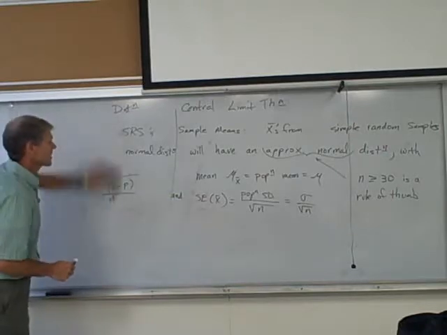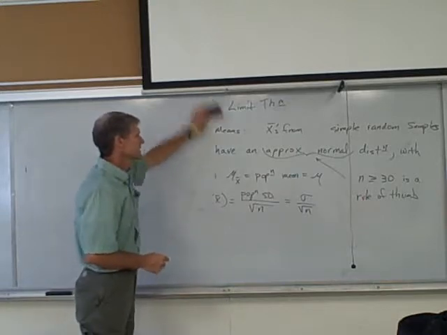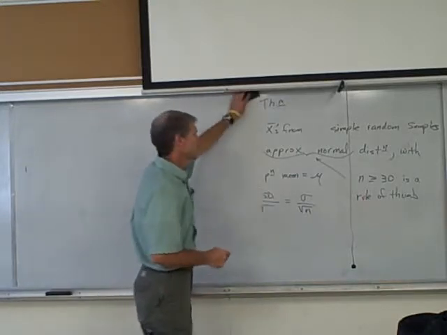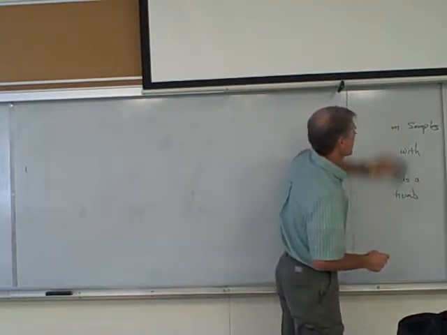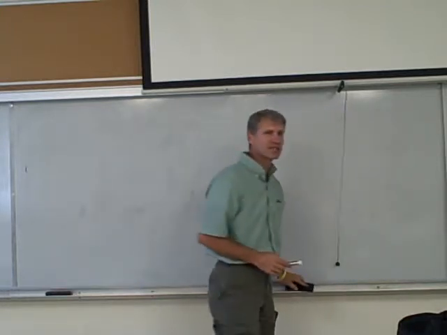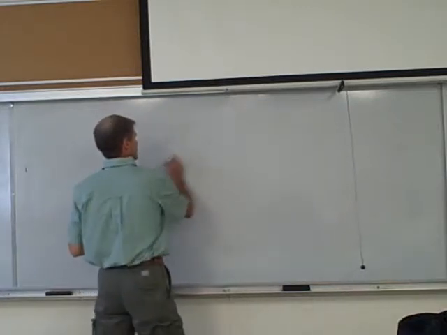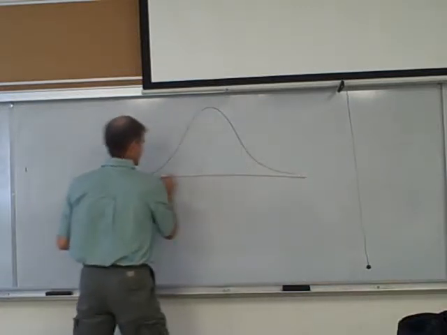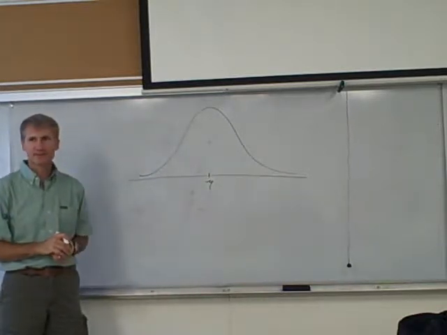But no, what we care about it for is because we need this result in order to do statistical inference. To make inference from a sample to the population, we need to know how close we think our sample is to the truth. So I have a sampling distribution that's centered at the truth, but I don't know what the truth is.